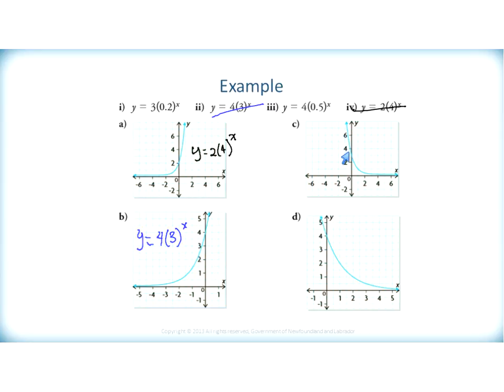Here I have a decreasing function where the y-intercept is 3, and I have a decreasing function where the y-intercept is 4. So this would be y equals 3 times 0.2 to the power of x. This one would be y equals 4 times 0.5 to the power of x.